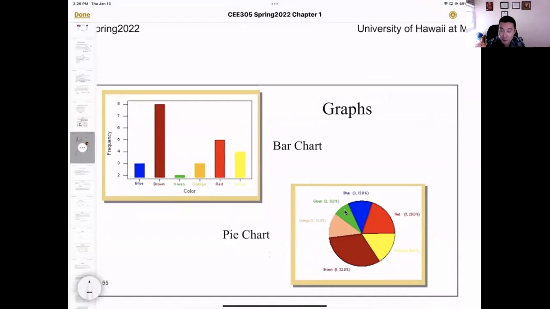The pie chart shows the frequency, for example, red occurs 5 times or 20%. And for all the possible colors, the percents added together equal 100. So pie charts and bar charts are very often used.